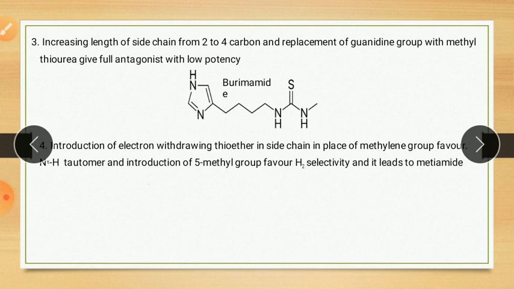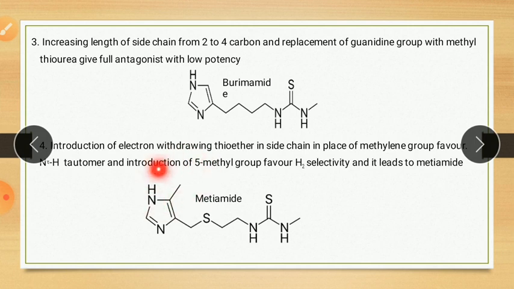So this is the structure of metiamide. Here there is a 5-methyl group, which increases the activity of this drug toward the H2 receptor more, and again there is a thioether. So here the sulfur is added, the thioether. Due to which it has more activity and favors H2 receptor activity.